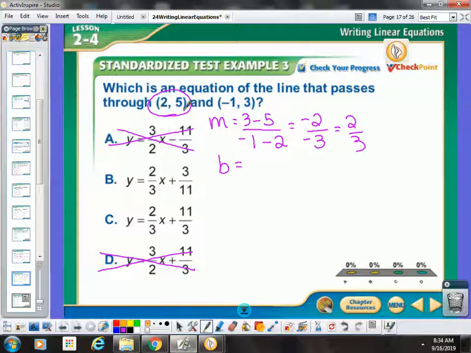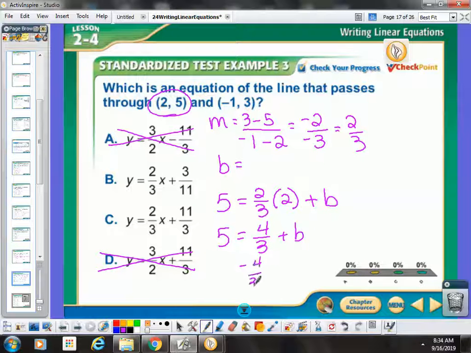So 5 equals 2/3 times 2 plus b. So 4/3 plus b. Subtract 4/3 from both sides. So b equals, use your calculator here, 5 minus parentheses 4 divided by 3.